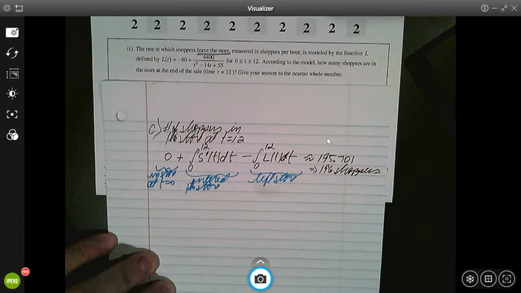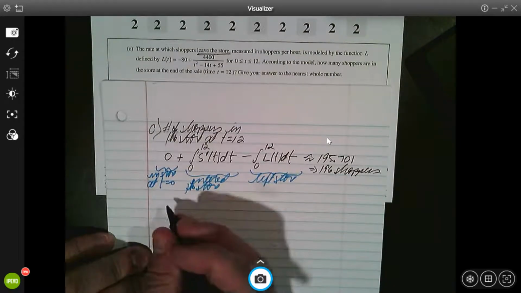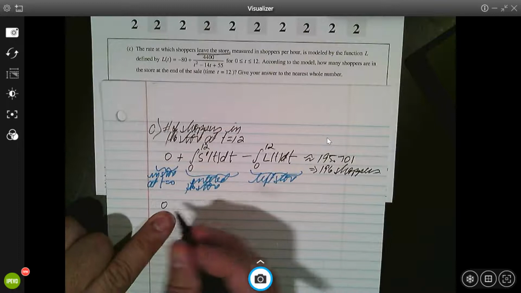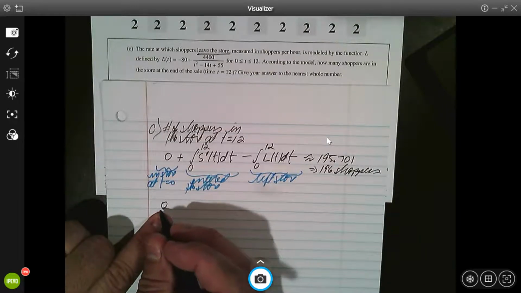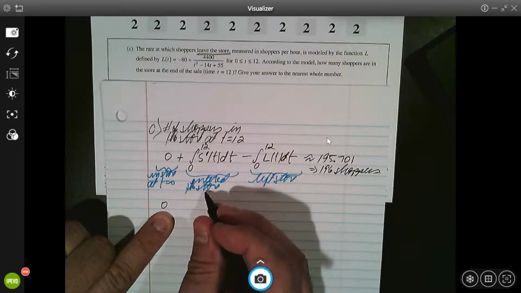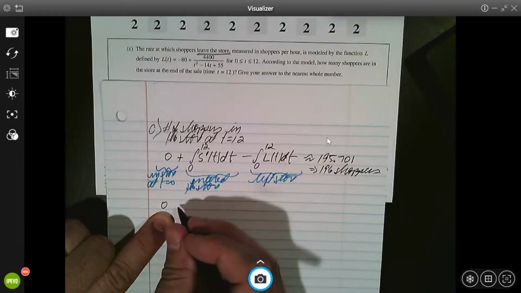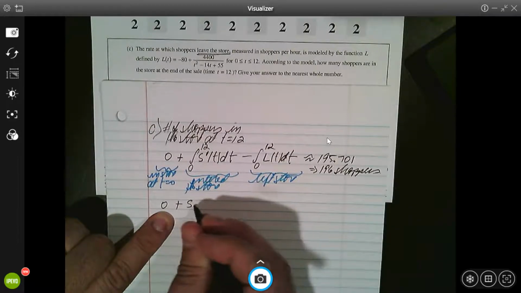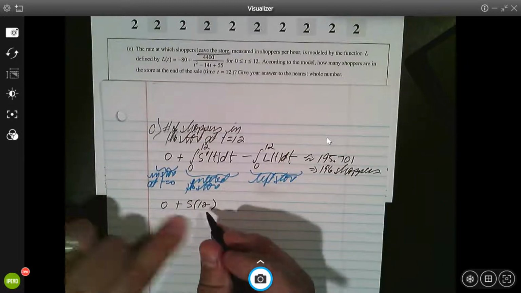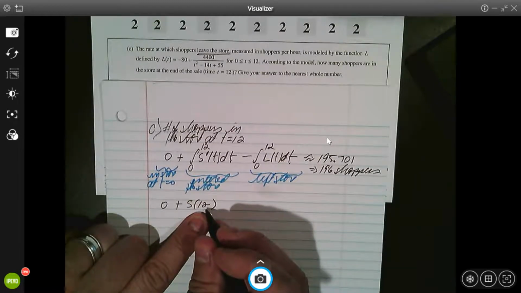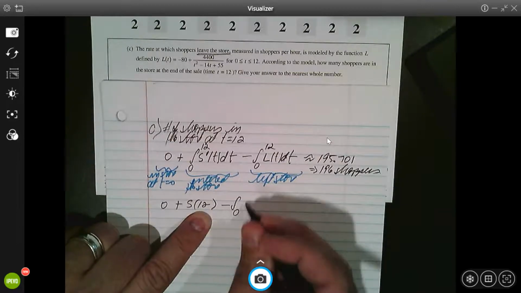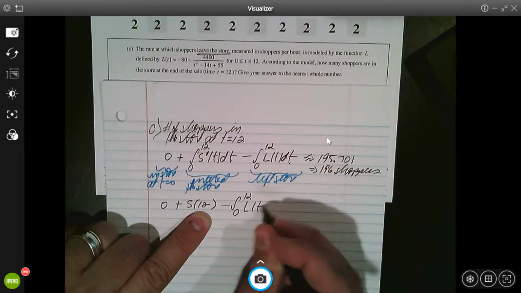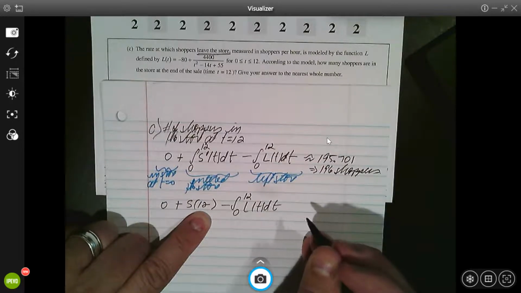That's one way to do that. Another option is we say, okay, well, we still had 0 people in the store at the beginning, but how do I figure out the number of people that entered the store? Well, our initial function s of t told us how many people entered the store. So I'm just going to plug in 12 to that function, and this tells me how many people entered the store in the first 12 hours, minus the integral from 0 to 12 of L of t dt.